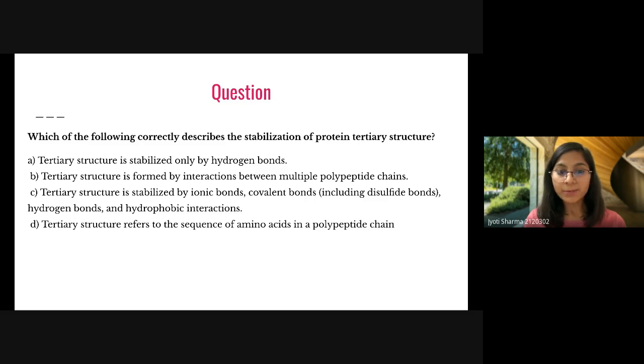A: Tertiary structure is stabilized only by hydrogen bond. B: Tertiary structure is formed by interaction between multiple polypeptide chains. C: Tertiary structure is stabilized by ionic bond, covalent bond, hydrogen bond, and hydrophobic interaction. And D: Tertiary structure refers to the sequence of amino acids in a polypeptide chain.